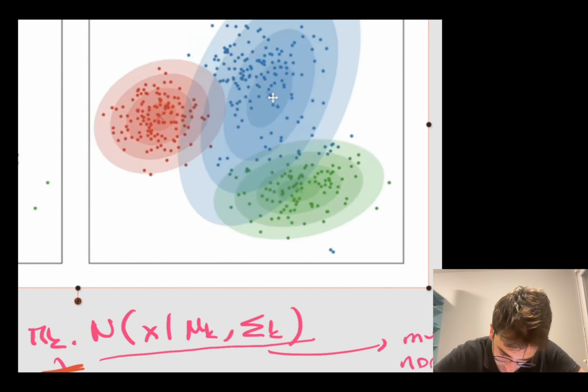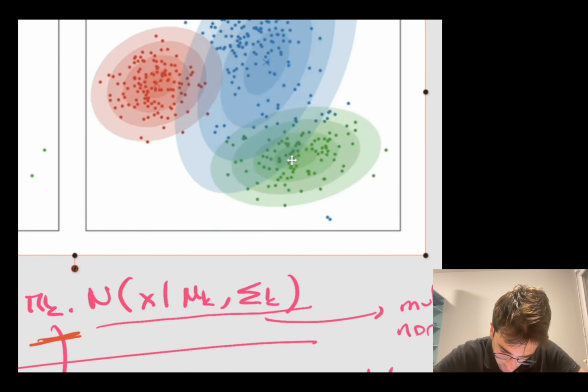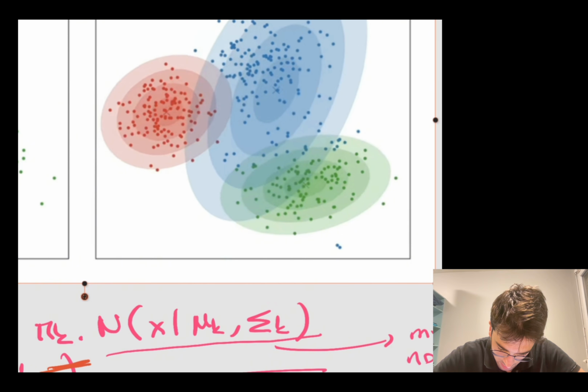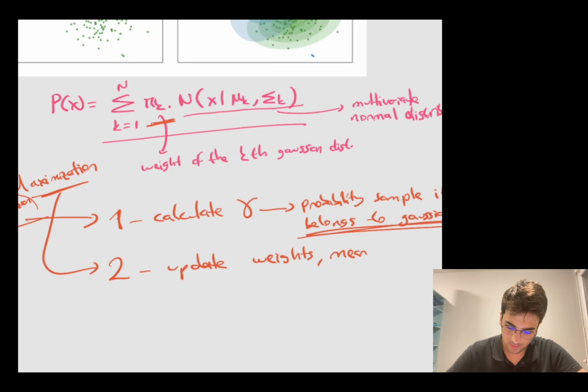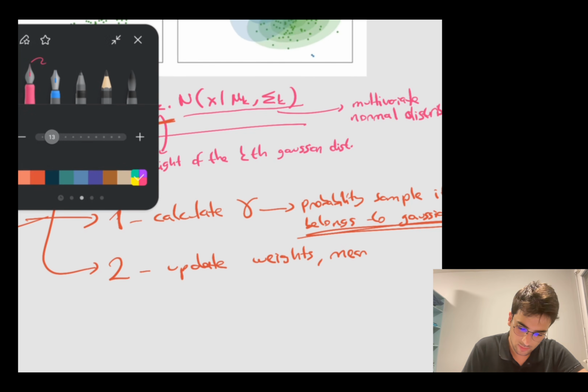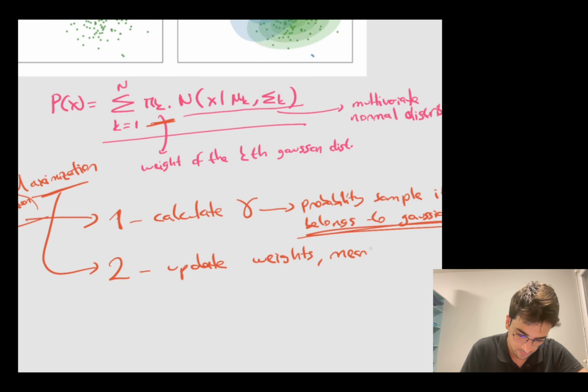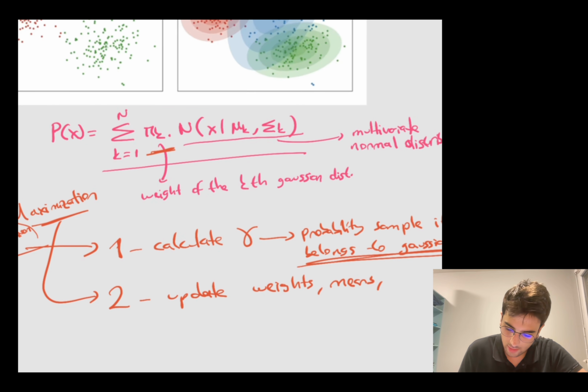For example, there is a mean over here, there's a mean over here for this one, right? You update the mean values for the Gaussian distributions, and you also update the covariances, right? This one over here, covariances.